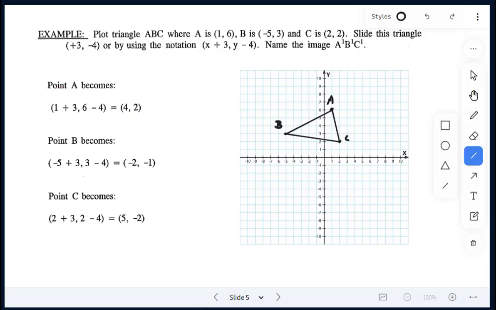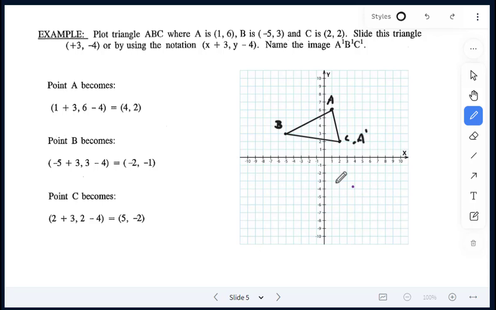All right, so here is our triangle, the original triangle ABC, and now we're going to move it using our notation X plus 3, Y minus 4. So our new point for A is 4, 2: 1, 2, 3, 4, up 2. Okay, our new point for B is negative 2, negative 1, and when you label these, make sure you use the prime.